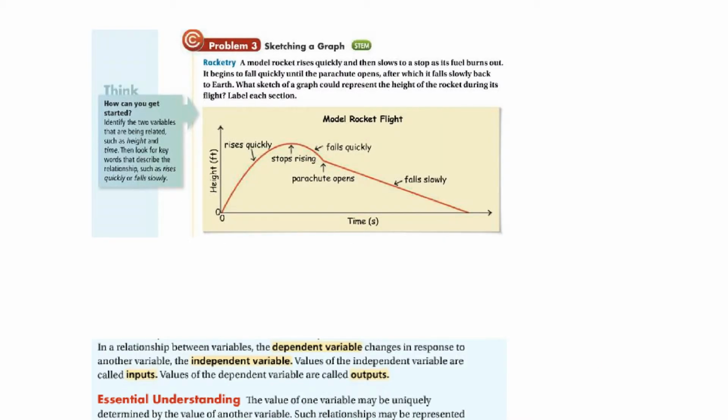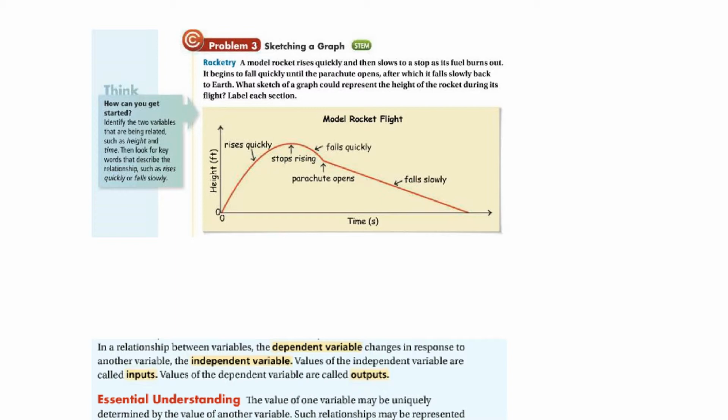If we look here at problem 3, sketching a graph, it says a model rocket rises quickly and then slows down to a stop as its fuel burns out. It begins to fall quickly until the parachute opens, after which it falls slowly back to Earth. What sketch of a graph could represent the height of the rocket during its flight and label each section?